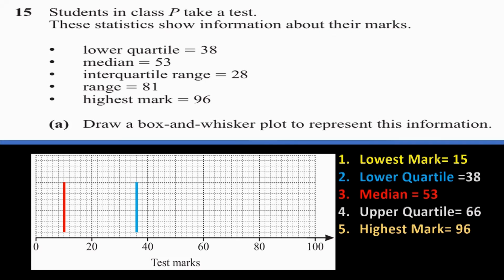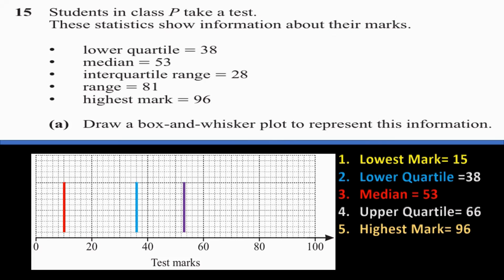The color illustration is also to make it more appealing for us to understand how easy this can be plotted. And so the median is 53. Along the test marks axis, we look for 53 and draw a line exactly on 53, in between 52 marks and 54 marks.